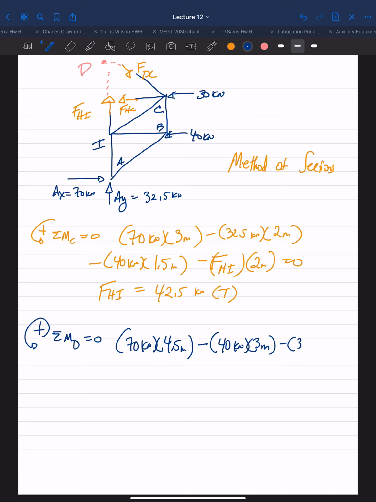Minus your 30 kilonewtons, which perpendicular distance is 1.5 meters to point D. Minus your FHC, times the perpendicular distance, which is 1.5 meters.